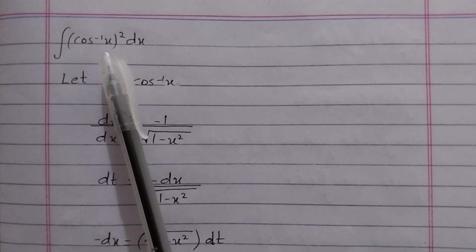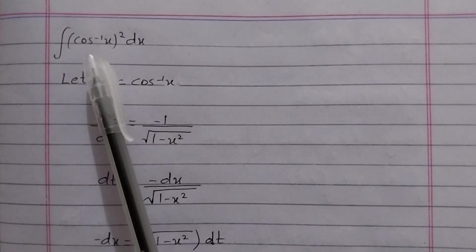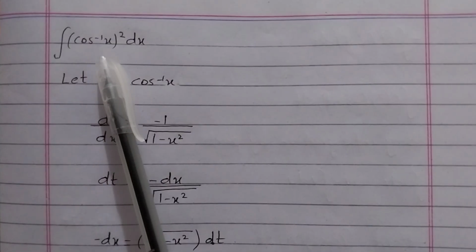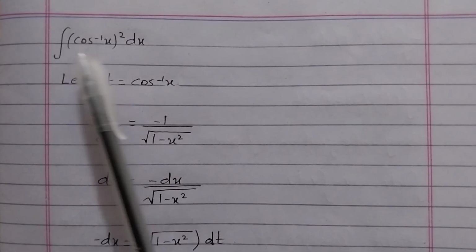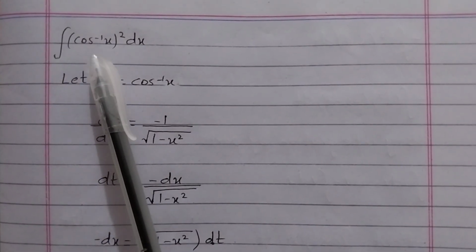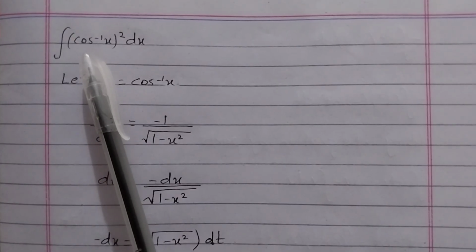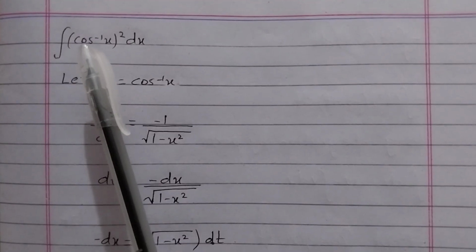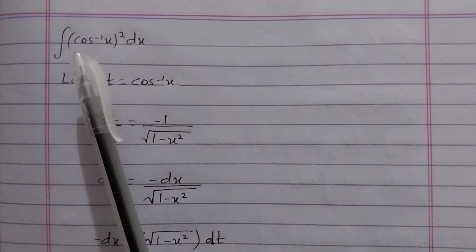Plus, if we call 1 as dv over dt and call this as u, then our v function will be increasing in power.